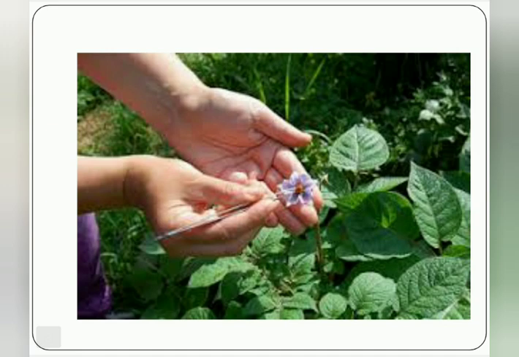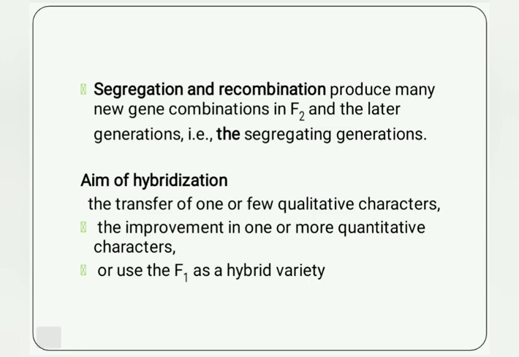Now coming to the history of hybridization. Okay, we can say that compared to selection, which is another method of plant breeding, we discussed this in the previous classes, hybridization is of recent origin. In 1717, Thomas Fairchild produced the first artificial hybrid. It's known as Fairchild's mule, and it was produced by crossing two varieties of Dianthus, Dianthus barbatus and Dianthus caryophyllus.